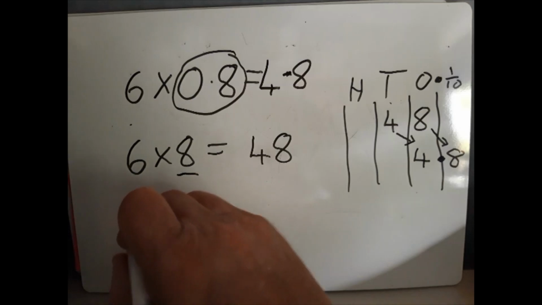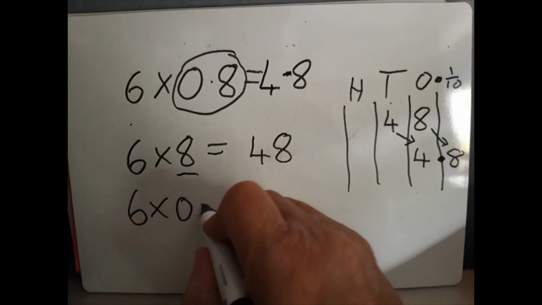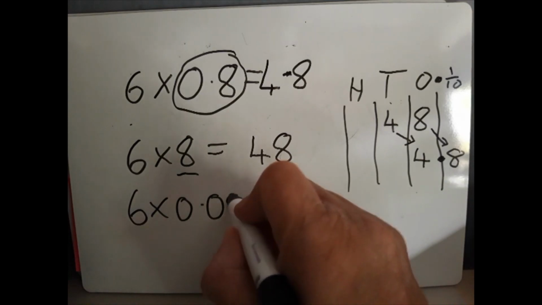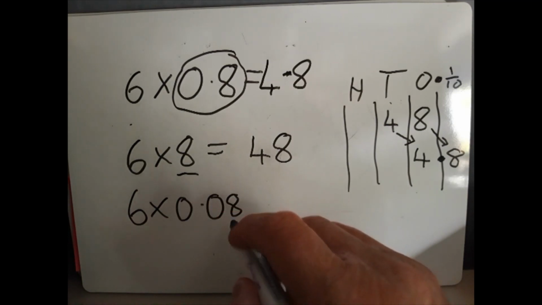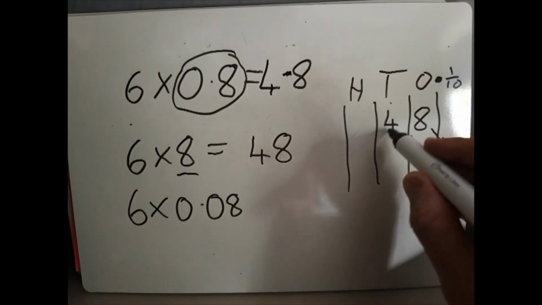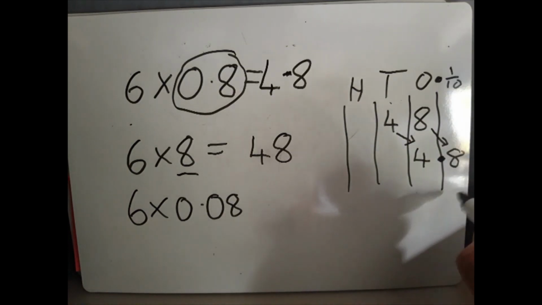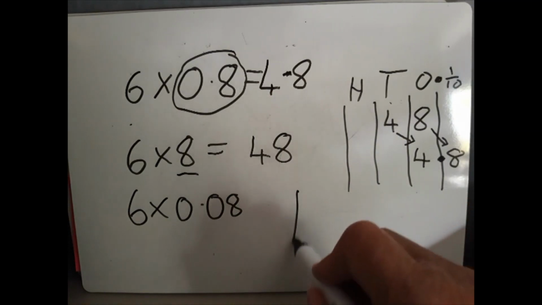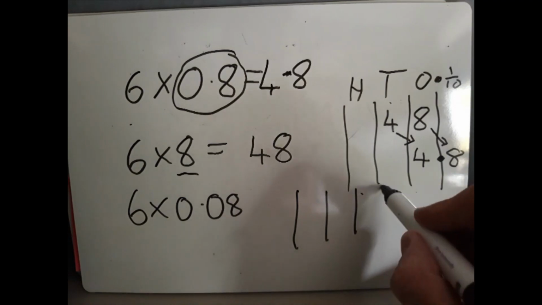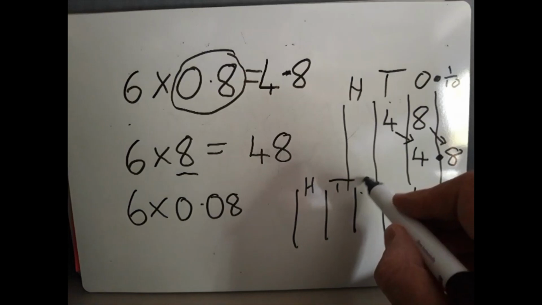You might even get questions where you are multiplying 6 times 0.08. This time, it's not 10 times smaller, it's 100 times smaller, because this is 8 hundredths. Again, we would have our 48, but instead of moving one place, it will go 2 places to the right. I haven't left enough space, so I'm just going to redraw it quickly. So I've got my hundreds, tens, my ones.